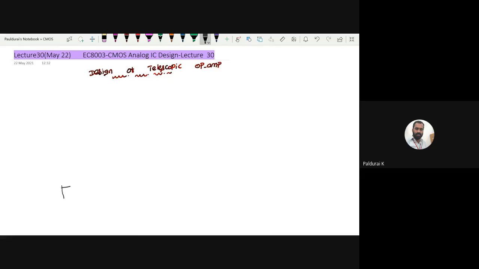This time we have drawn that input pair as NMOS. Later we want to sketch this using PMOS also, which we will discuss in today's class: how to sketch a PMOS telescopic.